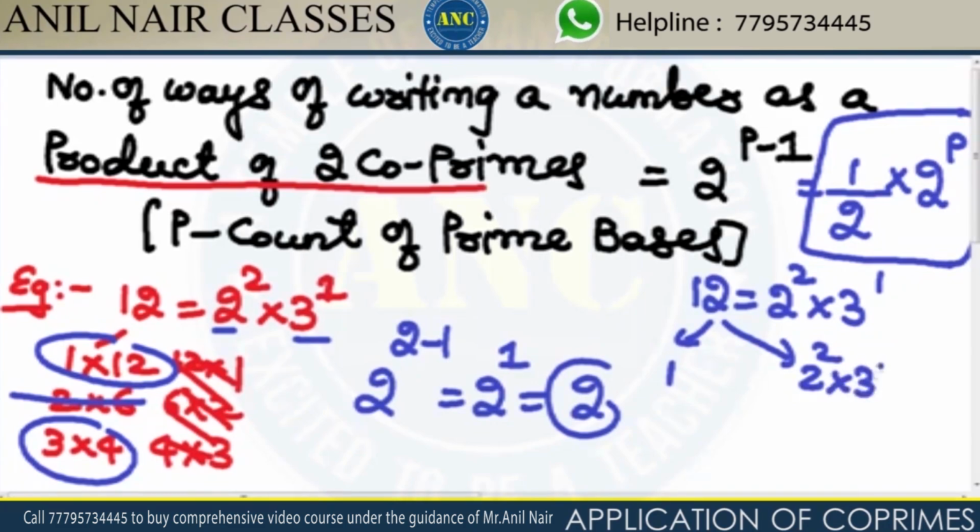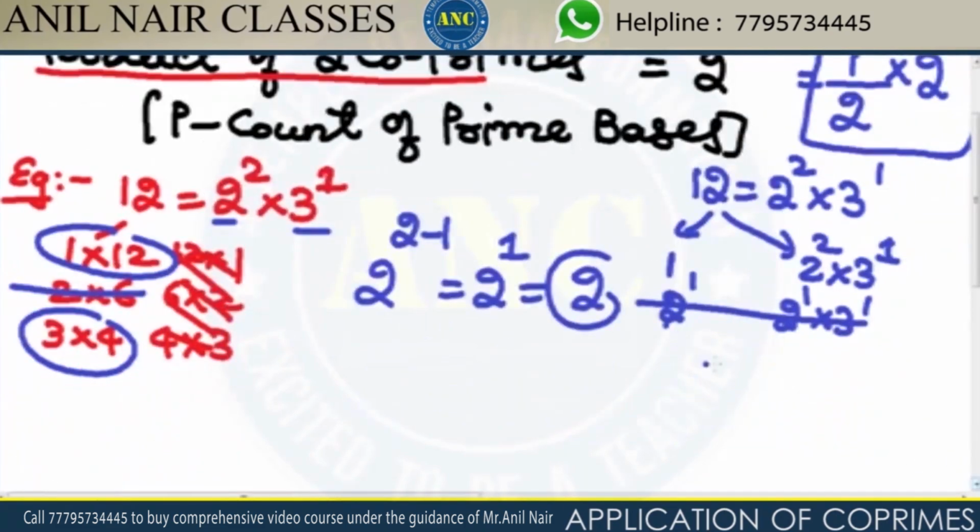If 1 is written on the left hand side, 2 square into 3 power 1 is written on the right hand side. If I take 2 power 1, this is becoming 2 power 1 into 3 power 1. These both are not coprimes because 2 is even. Here also it is even. Suppose if I take 2 square here, here I will take 3 power 1.